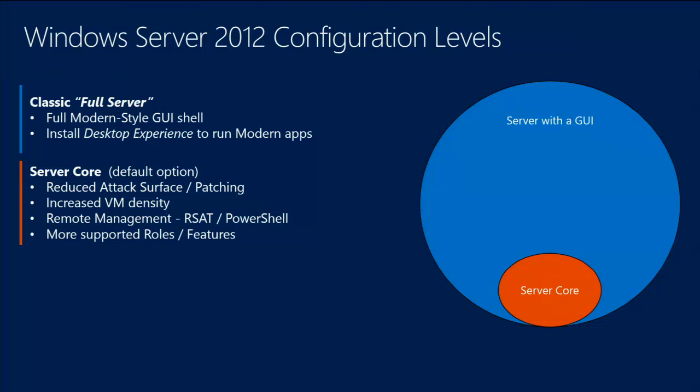Okay, so 80% plus of all of the patches you do on your servers would not apply to Server Core installations. That by itself is incredible value. Why? Because most of those patches also require reboots. So if you want to reduce the number of reboots you have in your environment, Server Core is what you want to do.